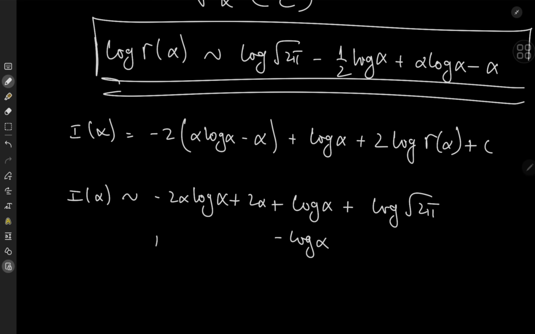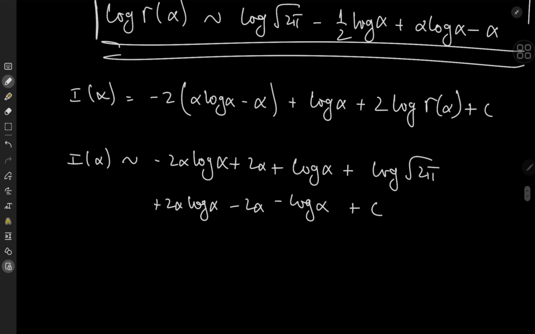And then we have a plus 2 alpha log alpha minus 2 alpha. Hell yeah. Oh yeah, the constant of integration for which we were going through all of this pain.